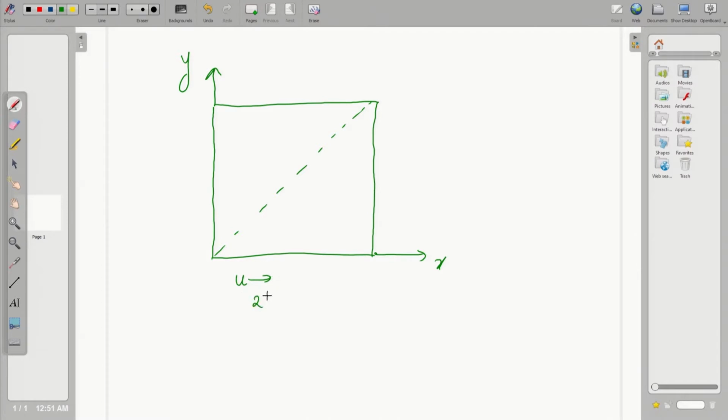Let us say it is 2 meters per second, and the v component is also 2 meters per second. The more important thing is that both of the velocities are identical, which would mean that the resultant velocity will move along this 45-degree line.